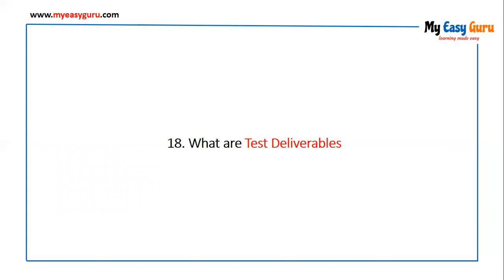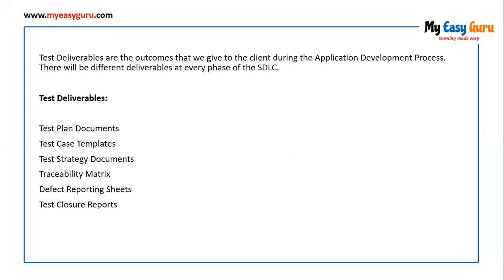Let's move ahead to our next question. What are test deliverables? Test deliverables are the outcomes that we give to the client during the application development process. There will be different deliverables at each phase of the software development lifecycle, SDLC.